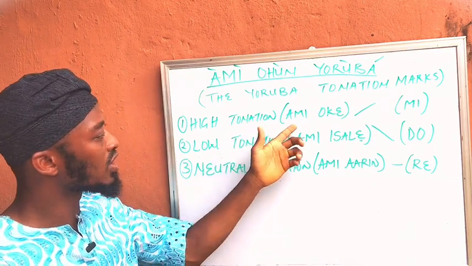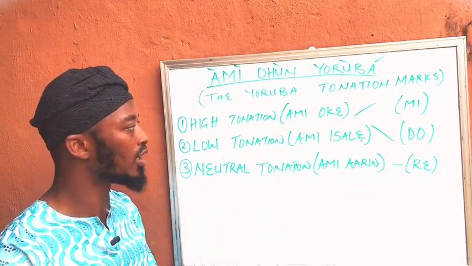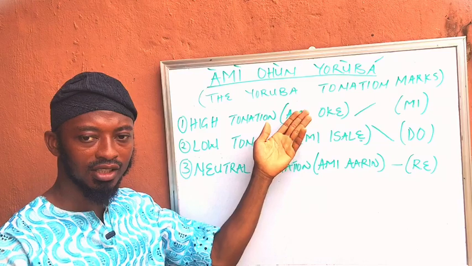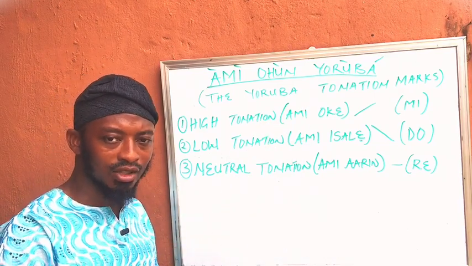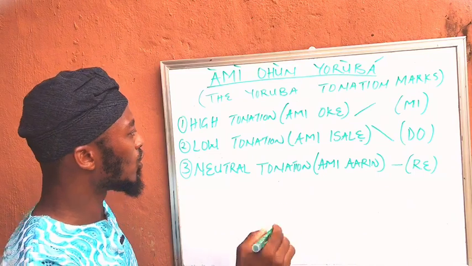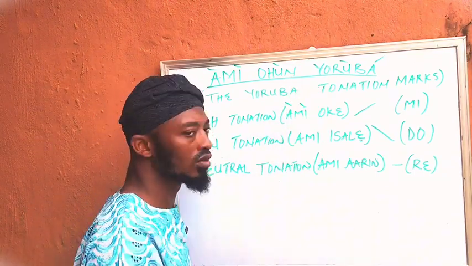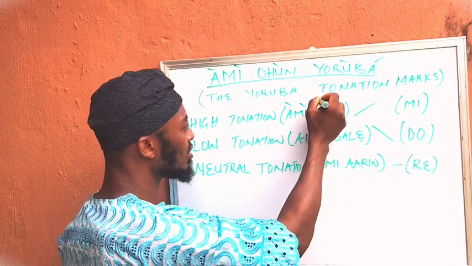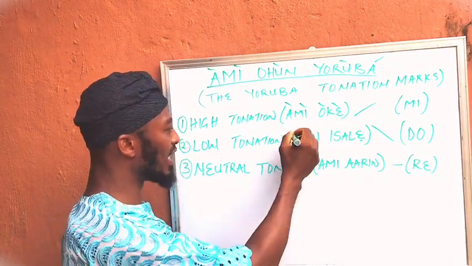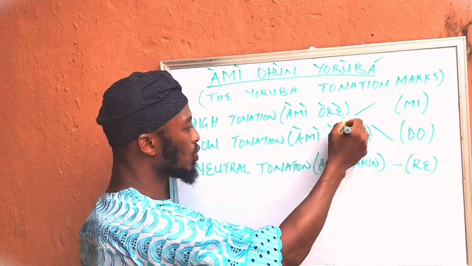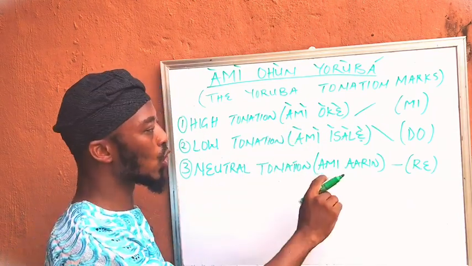So let's put this sound on these words we have here. We have Ami. Listen to the sound, Ami. The voice goes down. So the mark we'll be having here is do. Ami Ìsàlẹ̀, do. See, it's still carrying that do sound.